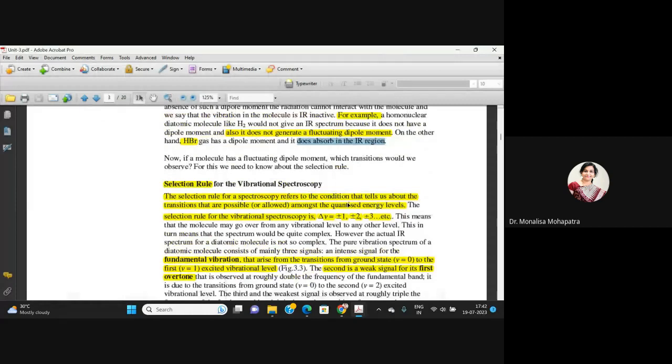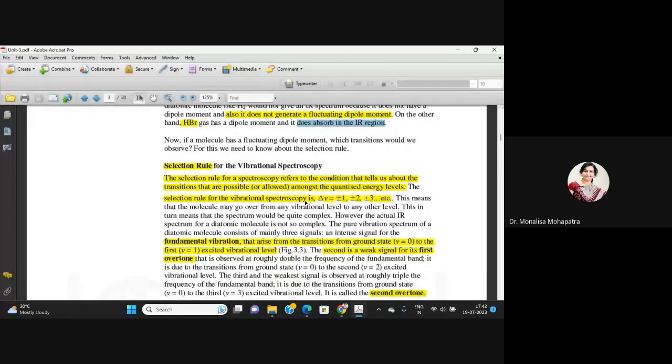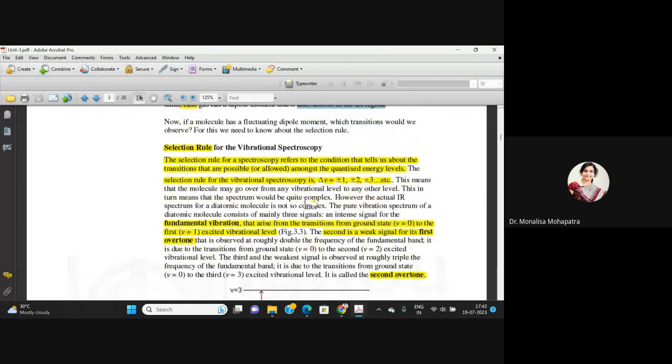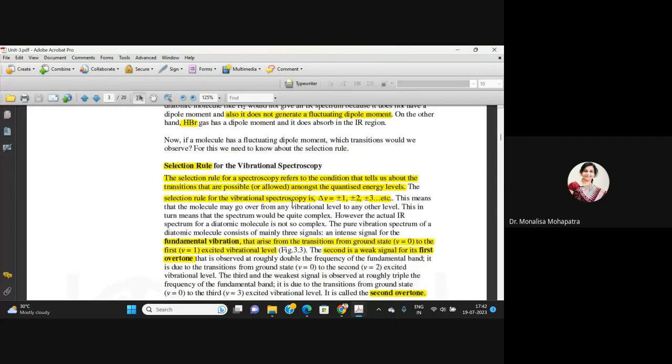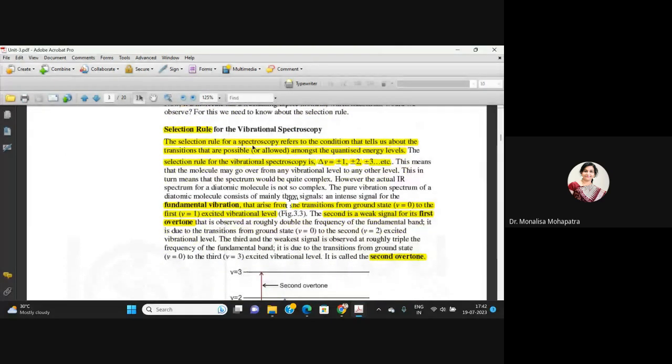What is the selection rule for vibrational spectroscopy or IR spectroscopy? This also comes under the basic principle. Point one, radiation of appropriate wavelength should fall. Second point, it is essential that the molecule has a fluctuating or oscillating dipole moment. Then your third point is the condition that tells us about the transitions that are possible, that is, allowed transitions among the quantized energy levels.